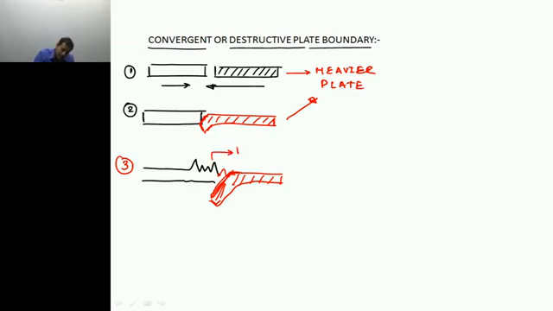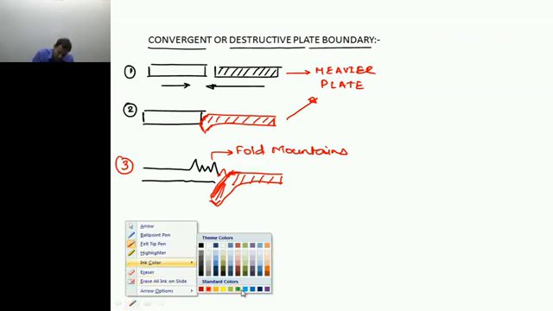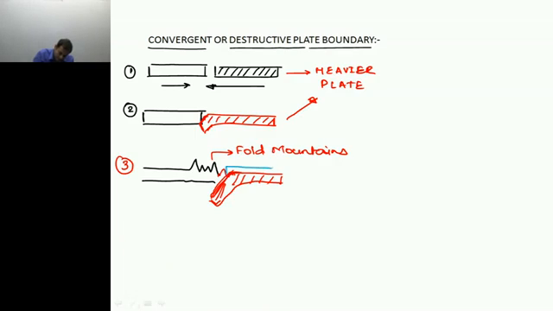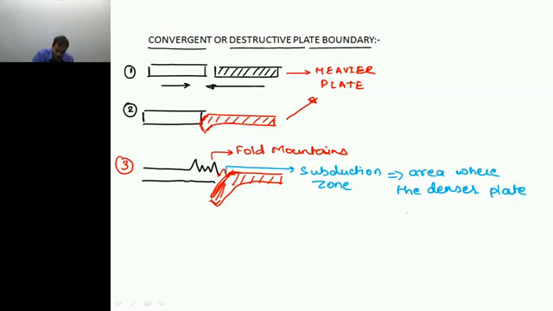The folded sediments give rise to fold mountains, or mountain systems, while the area where subduction is occurring is the subduction zone, an area where the denser plate goes below the lighter plate.